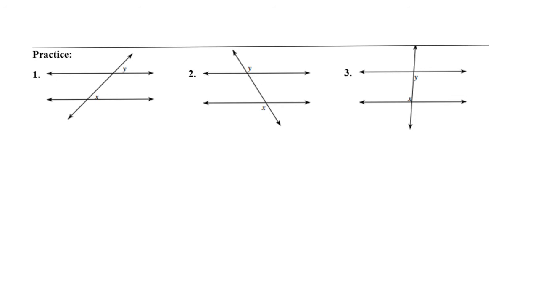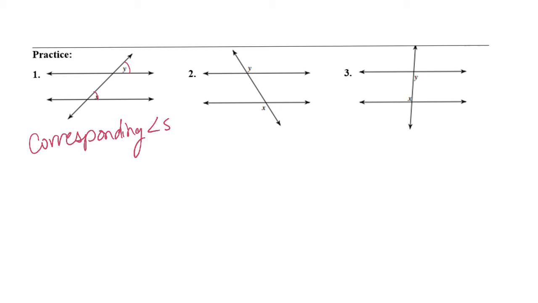And so since they are on the same side, it's either going to be consecutive or corresponding. So they're not both inside the parallels. They're in the same place on both of them. So they're actually going to be congruent. They're going to be congruent. So these are called corresponding angles.